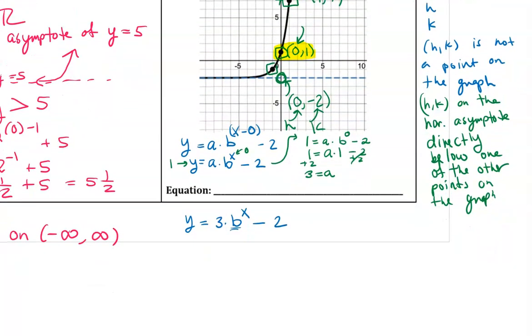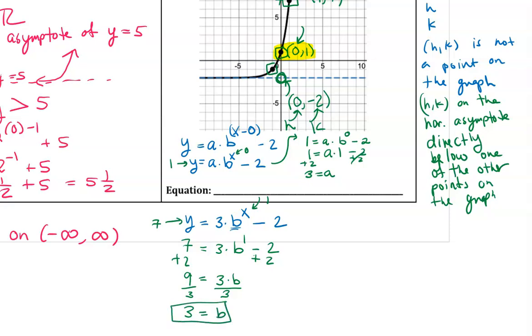So I'll plug in 1 for x and 7 for y. Then I get 7 equals 3 times b to the power of 1, minus 2. So I'm going to add the 2 to the 7. I get 9. 9 equals 3 times b, because b to the first is b. So I divide by 3, and then b is also 3.